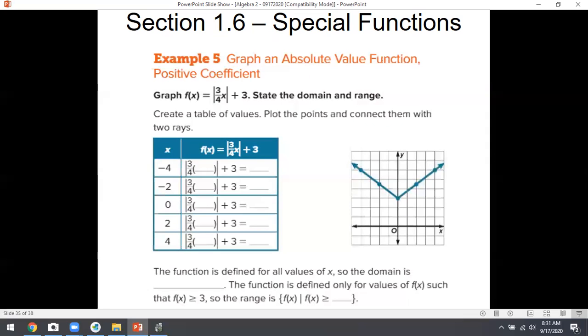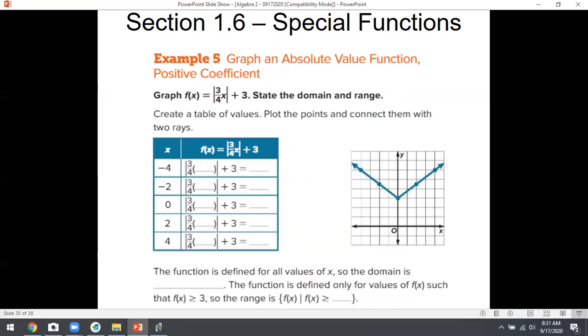All right, let's look at an example. Example number 5 here. Let's go ahead and graph this thing. Let's not try to do it by hand. Let's actually cheat. Okay, once in a while, let's cheat. So you need to graph f of x is the absolute value of 3/4 x plus 3. Now, I should teach you how to not cheat, too.